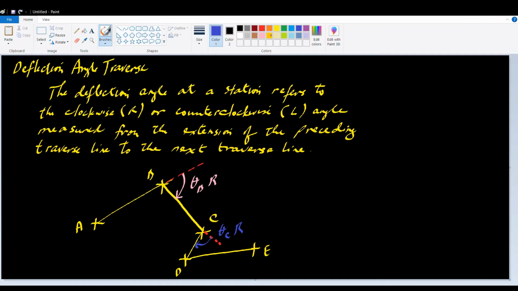Going to station D, we extend line CD, and from that extension, we measure the counterclockwise angle theta D going to line DE. Since it is a counterclockwise angle, we denote it by L. And at station E, there is no succeeding line, hence there will be no deflection angle at station E, right?